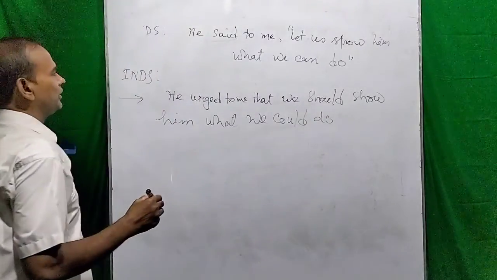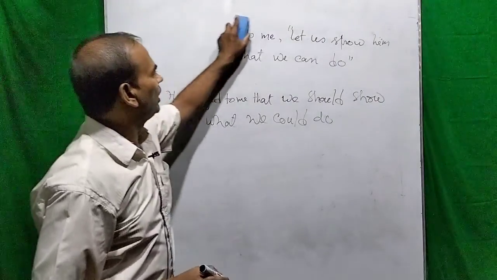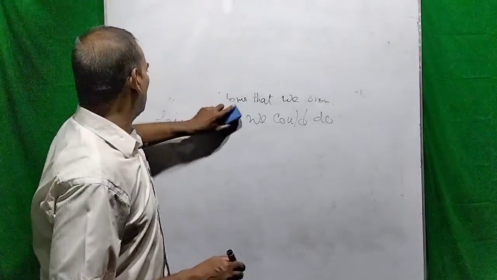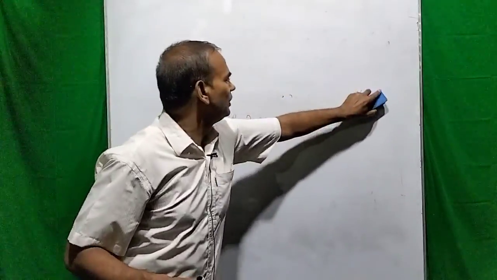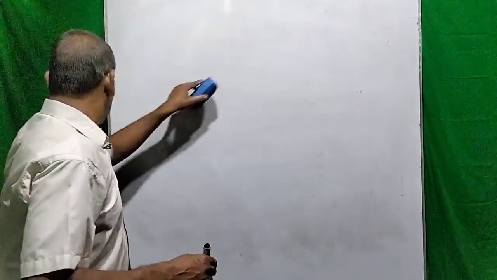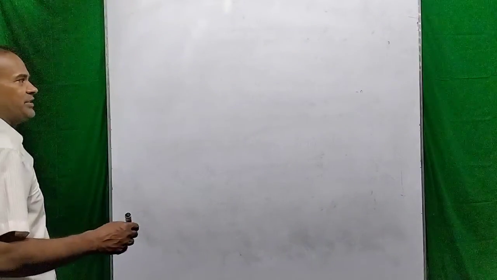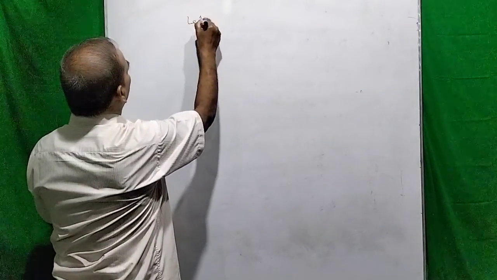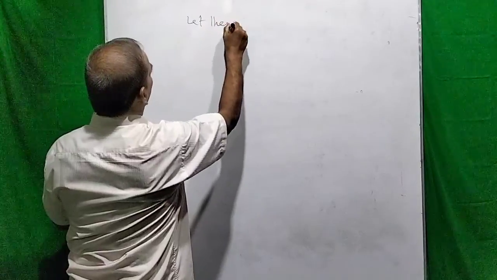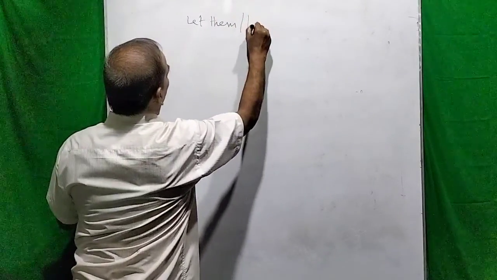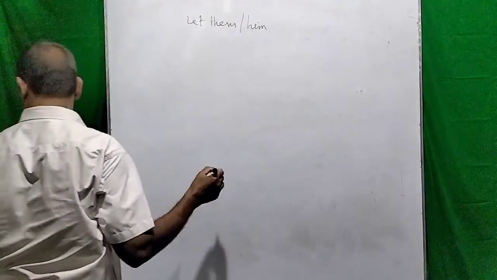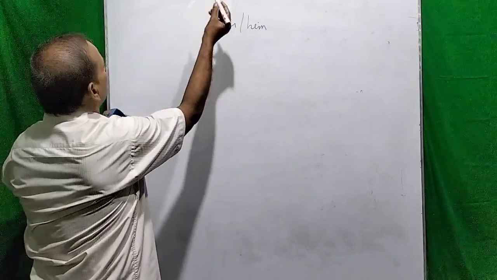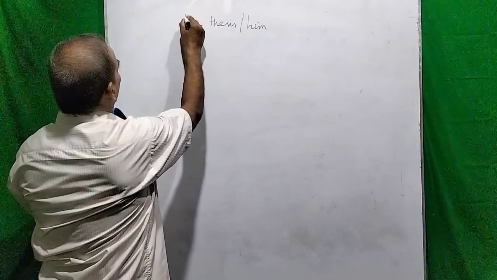Dear viewers, now the last but not the least, the most important rule of this part of this lecture is going to be expressed here. If "let them" or "let him" may sometimes give the sense of order.